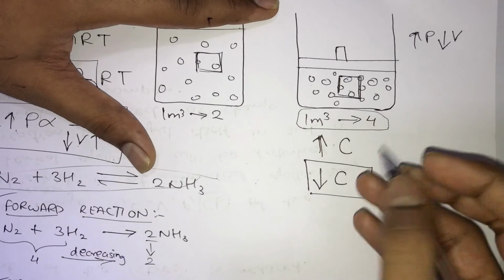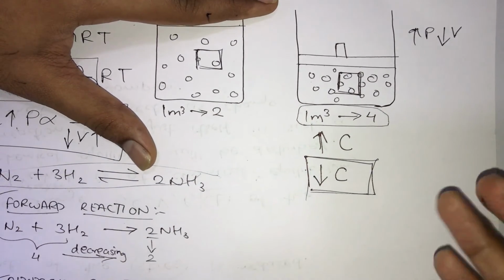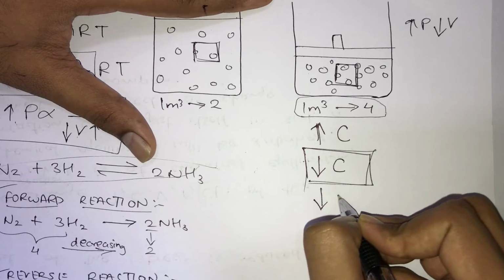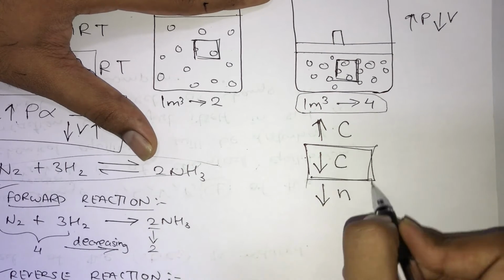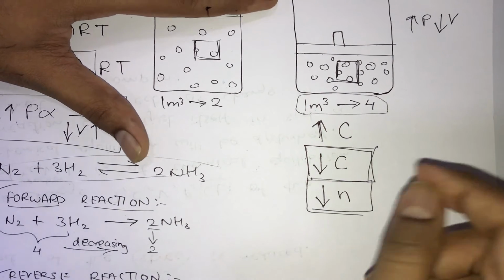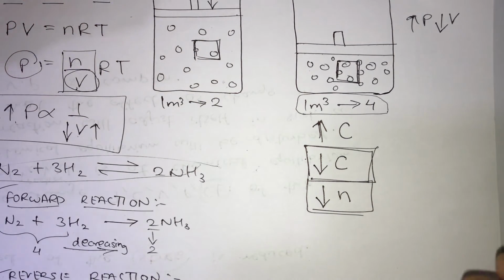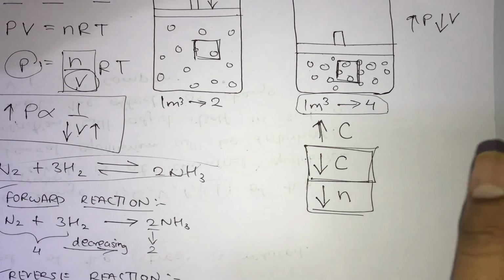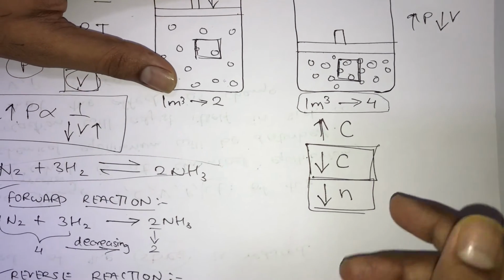And if I say it is trying to decrease the concentration, which means that it is trying to decrease the number of moles of a gas per meter cube. Am I right? If it is trying to decrease the concentration, which means that it is trying to decrease the number of moles of a gas per meter cube or any volume. It is trying to decrease the concentration.